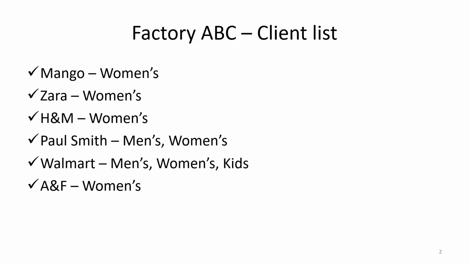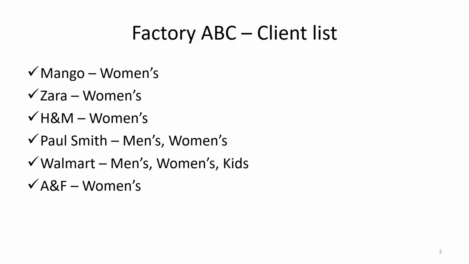And the reason why this list looks like this is that this factory is predominantly doing women's wear, and they do a little bit of menswear and kidswear also. If a factory is very good with women's wear, they would want to concentrate more on women's wear.